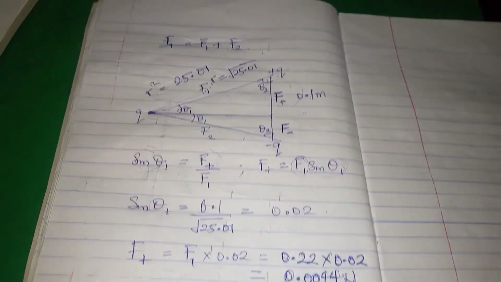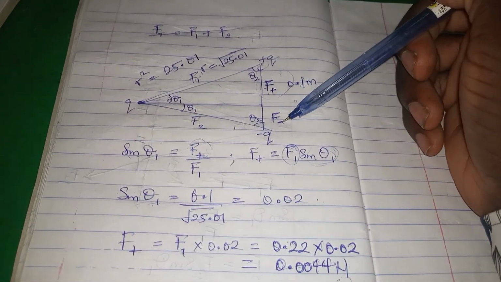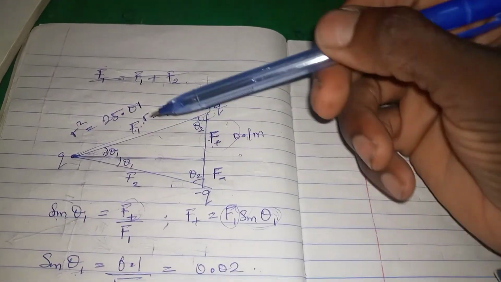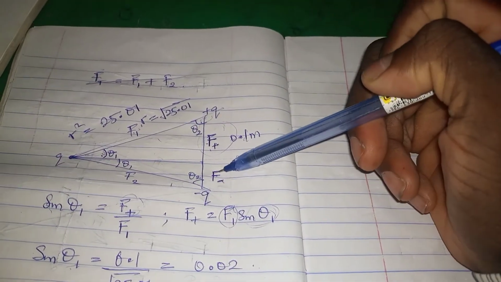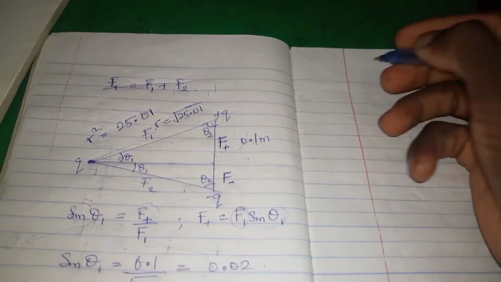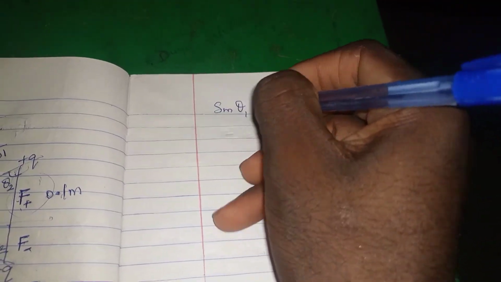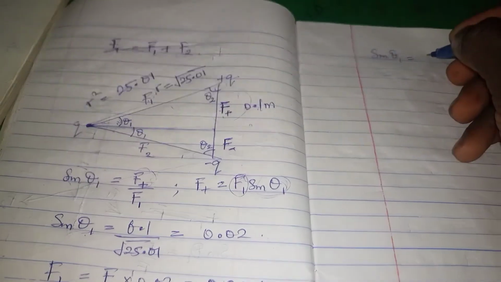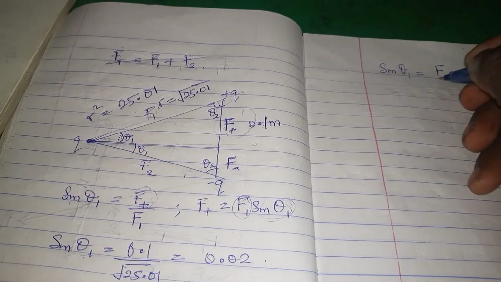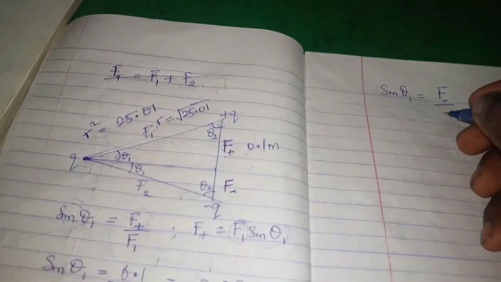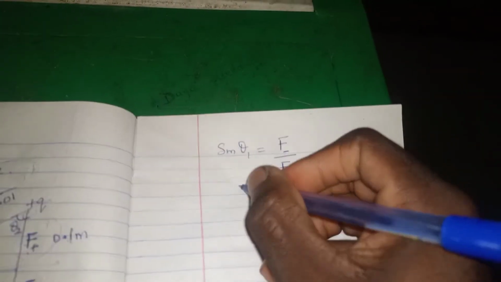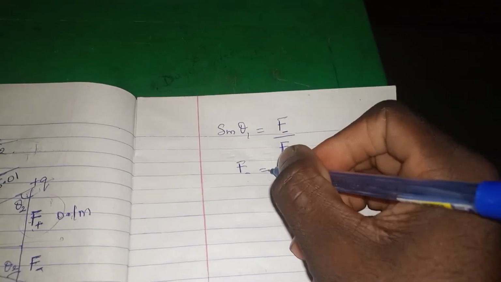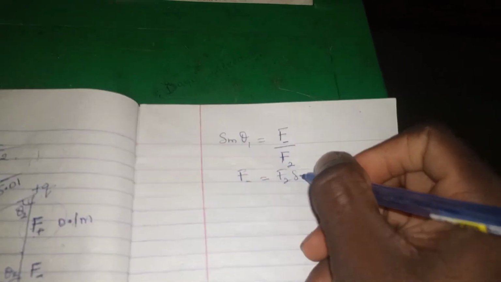Now if we go to doing something similar for F minus, if we use sine here, sine theta 1 will still be this opposite over this. So let's put that down. Sine theta 1 is F minus over hypotenuse, F2. So while we're doing this, we're looking for F minus. F minus will now be F2 sine theta 1.